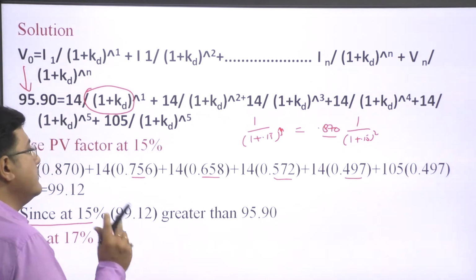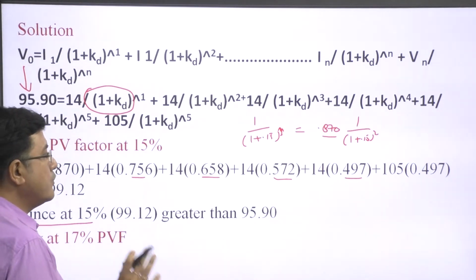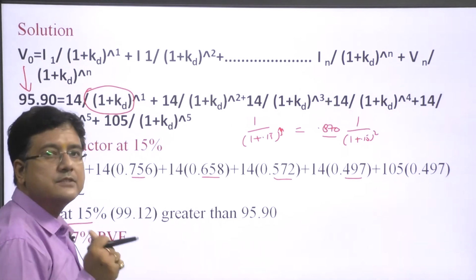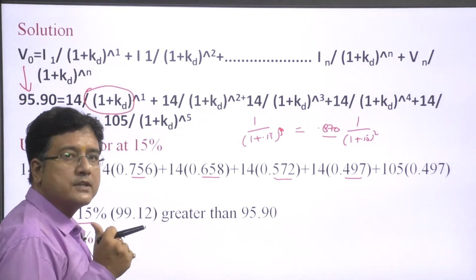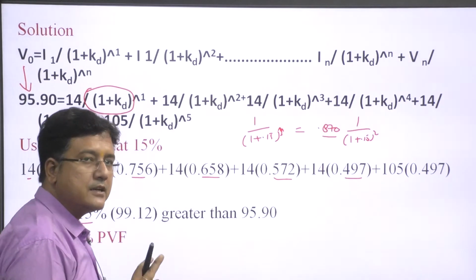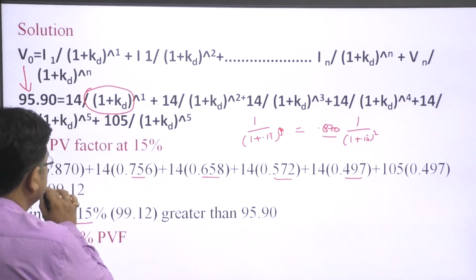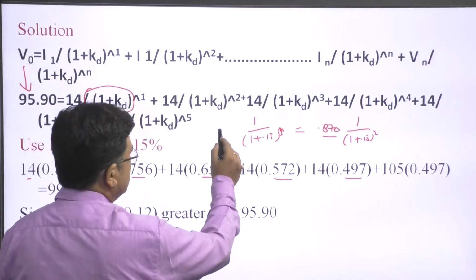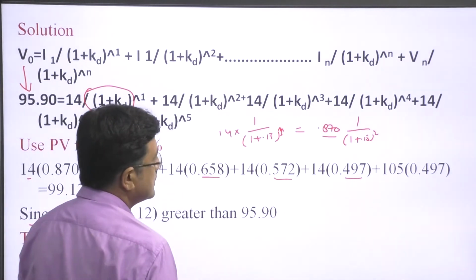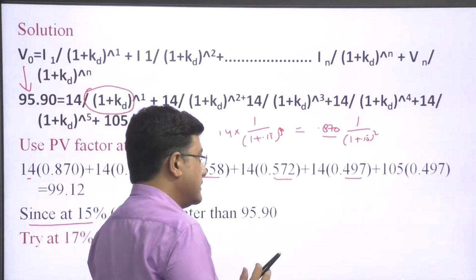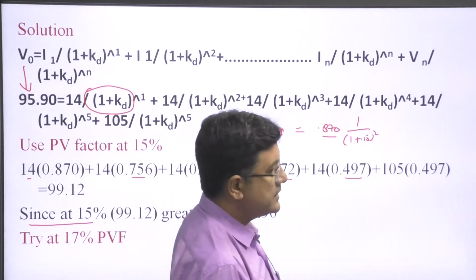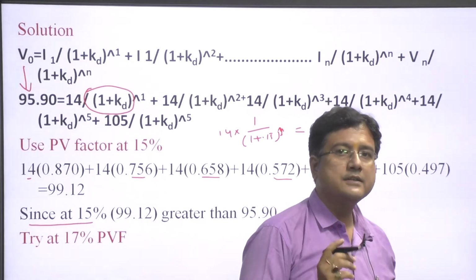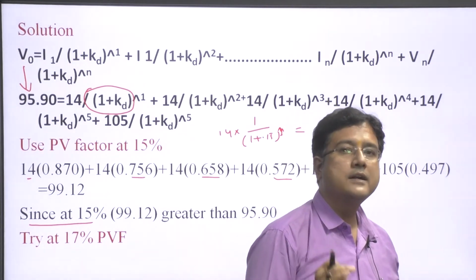When we want to find out the value of 14 rupees, we have to multiply with 14, the interest rate, which is fixed for each and every year. So 14 rupees is fixed for each year, and we multiply this value with 14. Because we are calculating the redeemable factor, at the end of the 5th year we receive rupees 105.